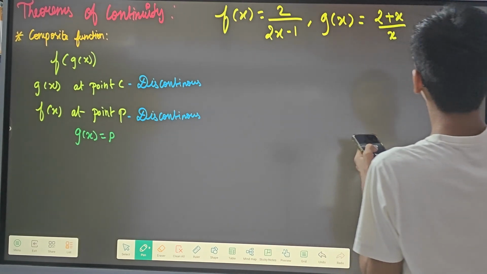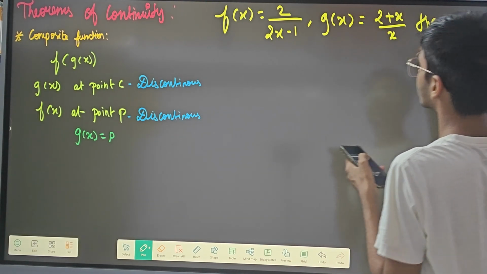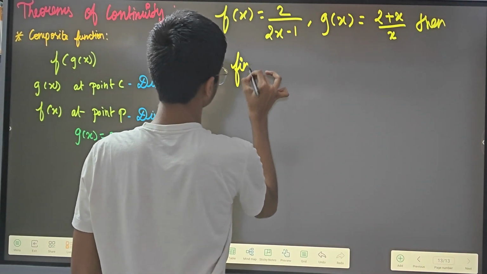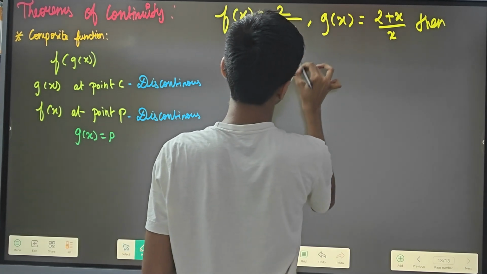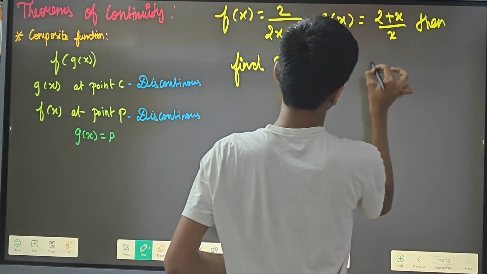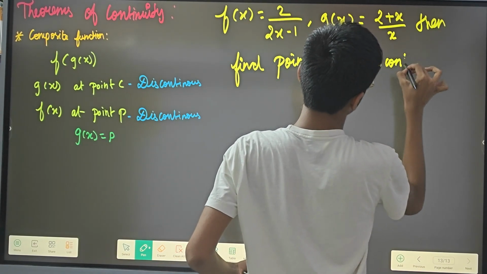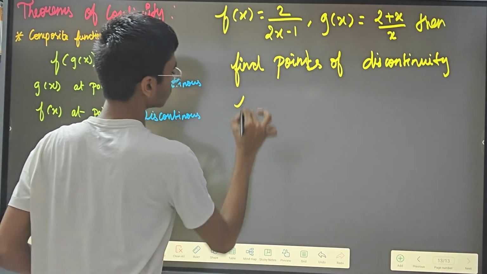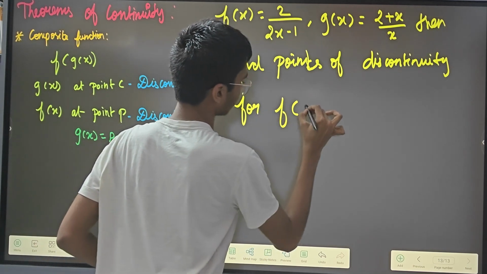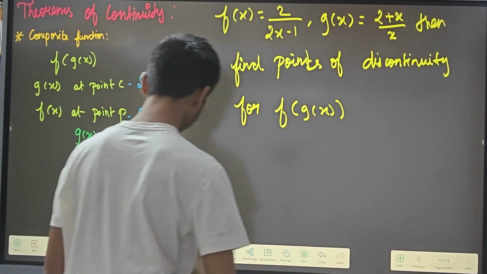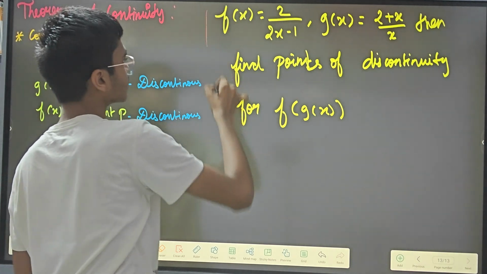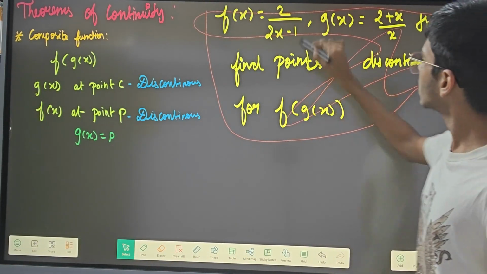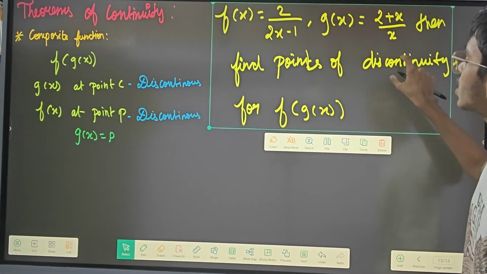Then find the points of discontinuity for f of g of x. So this is what the question is: they have given you f of x and g of x. Now what they are asking is the points of discontinuity for the composite function, which is f of g of x.